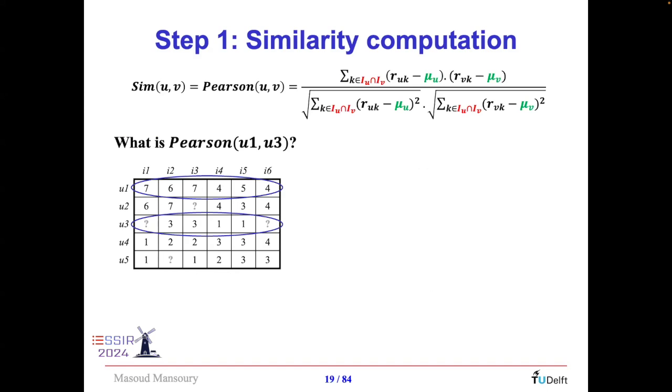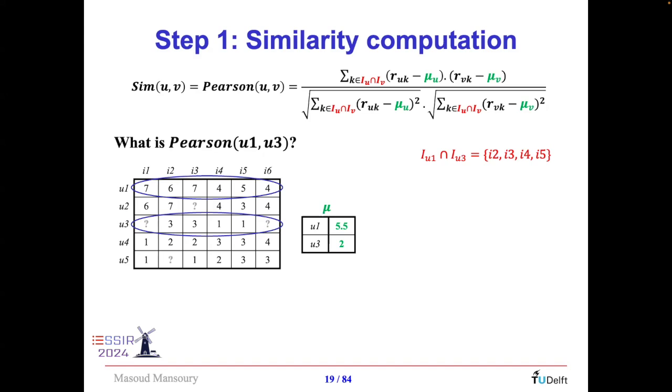So here is an example computation for two users, user U1 and user U3, based on their rating patterns. First, we compute the average rating for each user. Then we find the overlapped items. This is very important because sometimes it's hard to find the commonly rated items between the users if the data is highly sparse.